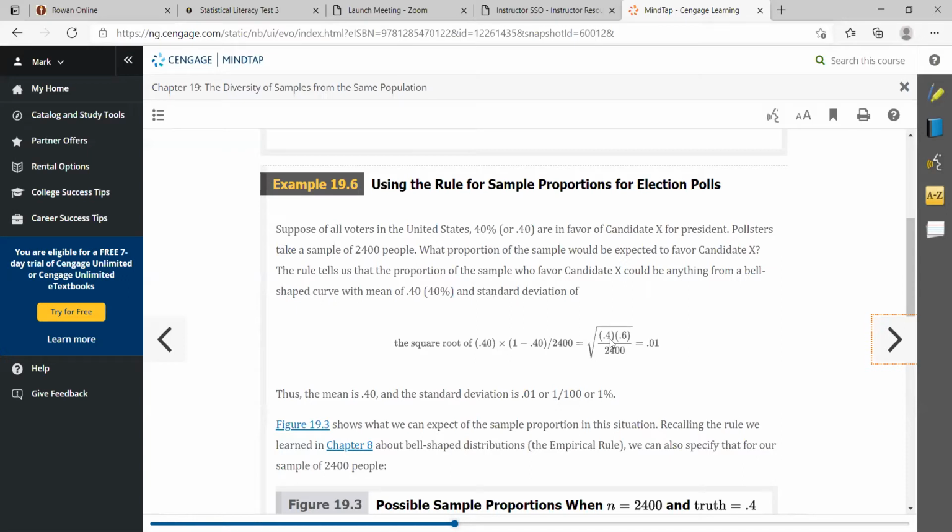We don't put percentages in; for proportions, we use decimals. So it's 0.4 times 1 minus 0.4, which is 0.6, divided by 2,400. If you put this into your calculator, you get about 0.01 as your standard deviation. 0.01 is 1 out of 100, or 1%. So that would be the average spread of this frequency curve. The standard deviation of this frequency curve would be 0.01.